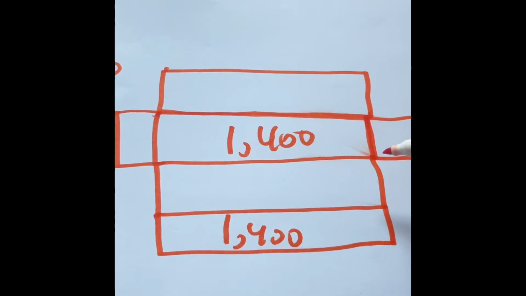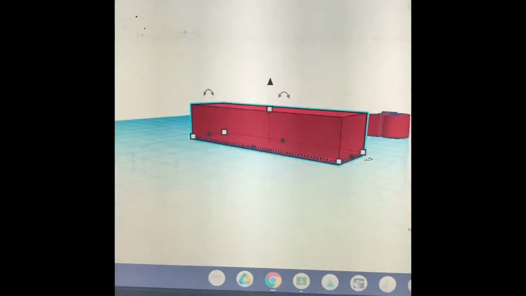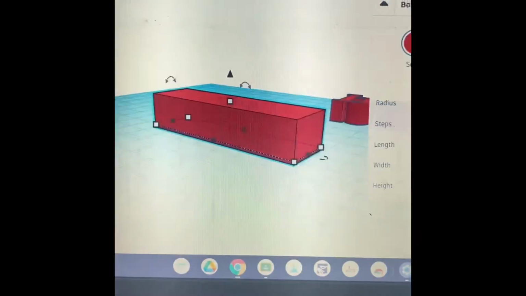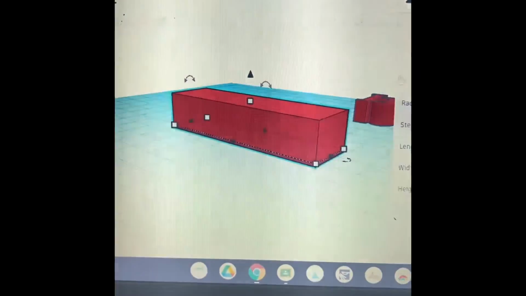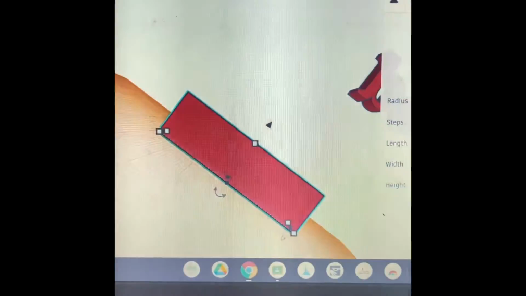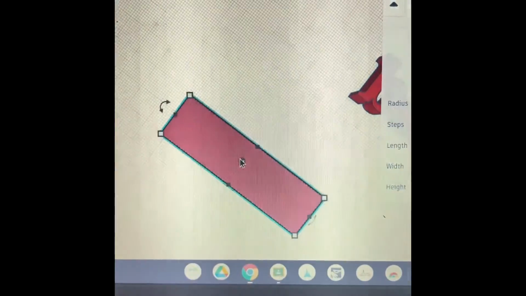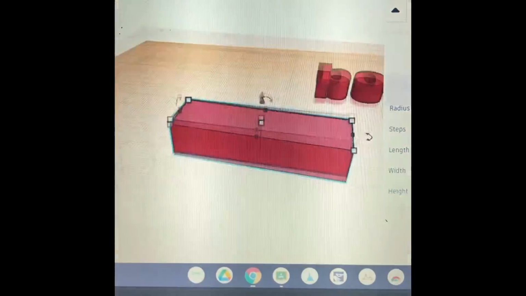Not always, because you have to be very careful when you look at the dimensions. Is this side right here the same as this side right here? We have to find the dimensions for this side.